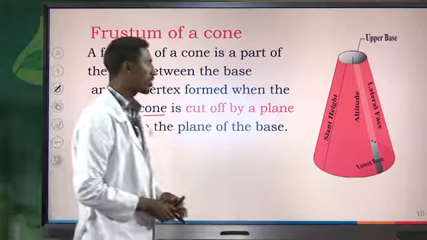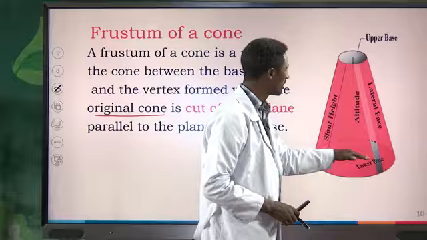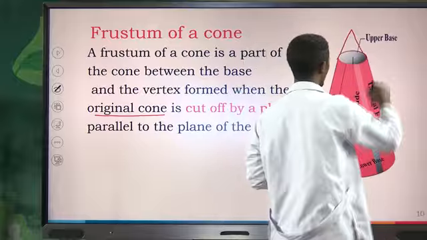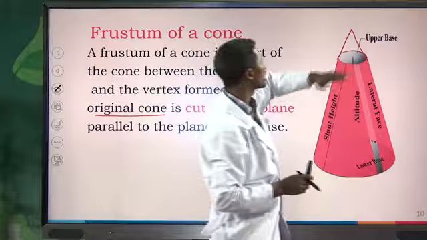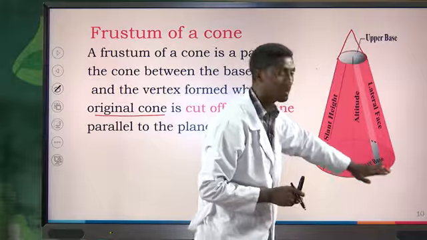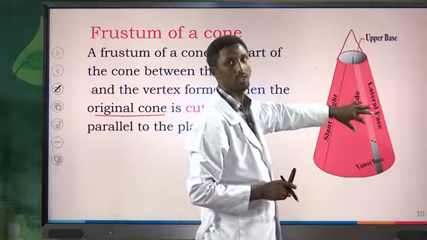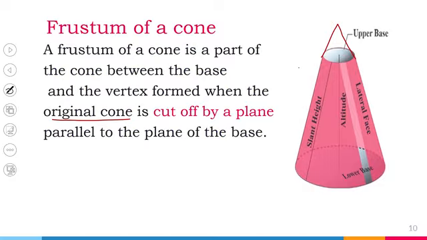Here we have what we call the lower base, then a cone. If a cone is intercepted by a plane which is parallel to the base, then the remaining part is what we call a frustum of a cone.